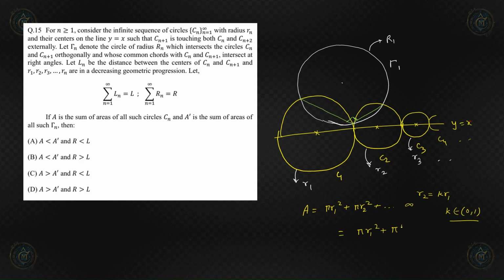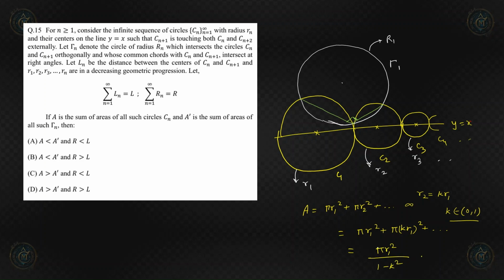So this will be pi times k times r1, this whole square, plus so on. So this infinite sum will be pi r1 square divided by 1 minus k square.